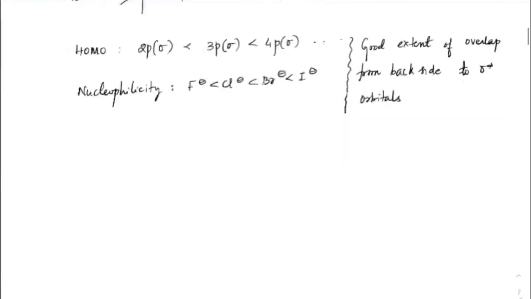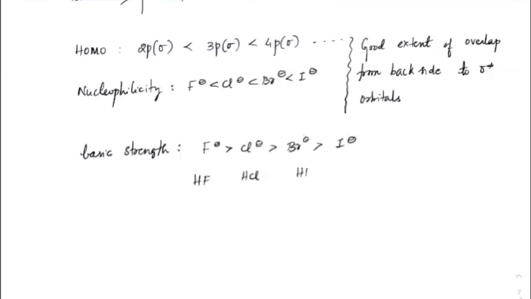But if we check the basic strength here, we know that F minus is a stronger base compared to Cl minus, compared to Br minus, compared to I minus, right? Now here basic strength is only with respect to the type of acids which you are dealing with. So it is HF, HCl, HBr and HI.